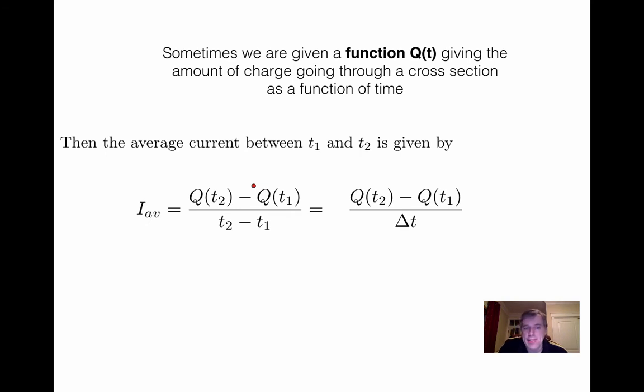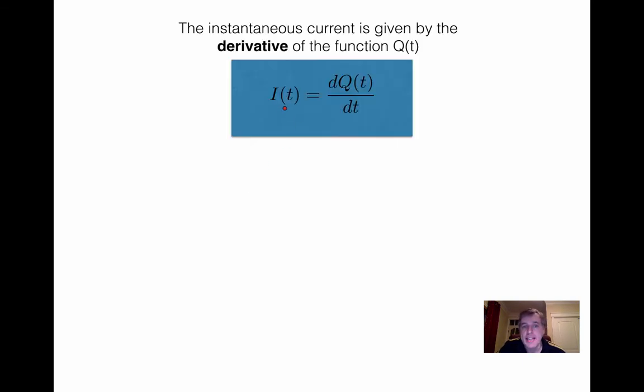And how do we find that? Well, in mechanics, to find the instantaneous velocity, you take the derivative of the position with respect to time. Here, to find the instantaneous current at one time, we take the derivative of the charge, q as a function of time. So it's a derivative. Okay. If this is a bit abstract, don't worry, we'll do an example in a minute.